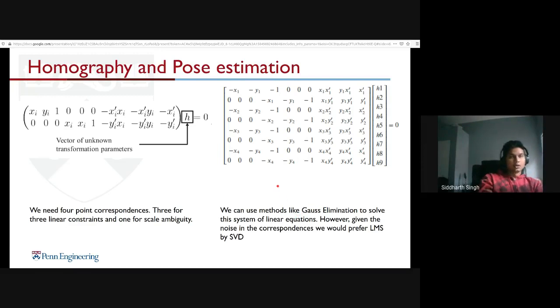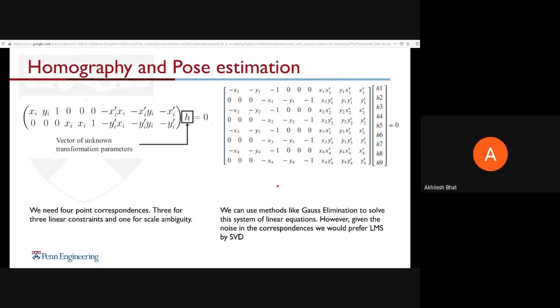Anybody can shed some light on why we would have noise in correspondences? This is something you also came across in scan matching. There might be outliers or points which may not exactly match to the point which we have.